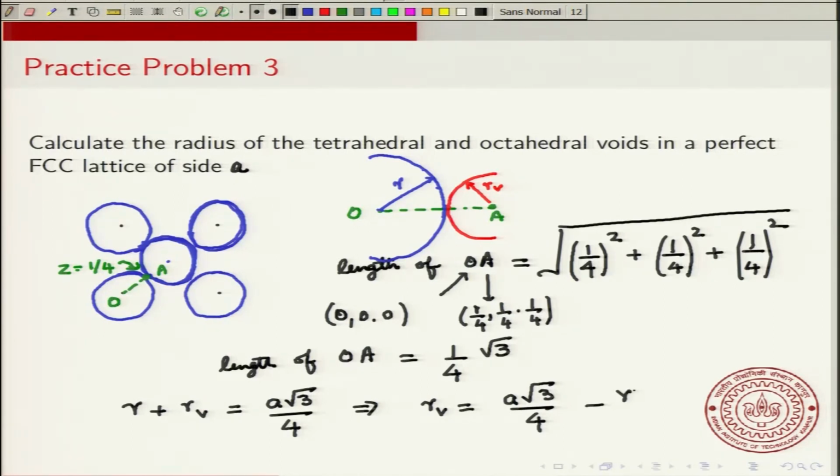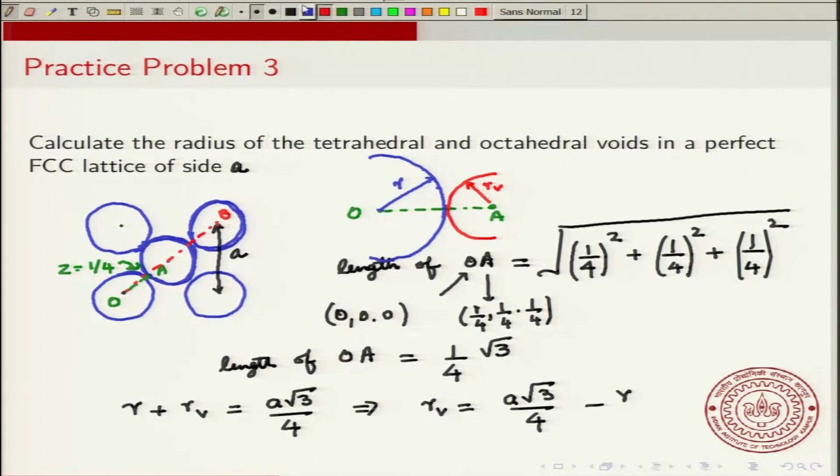Now, the radius of the atom can be related to A. Okay, A is this side. As we said, along the face center they touch each other. So clearly, this length from O to this point B is 4 times the radius.